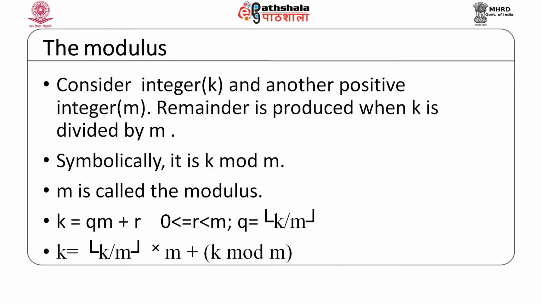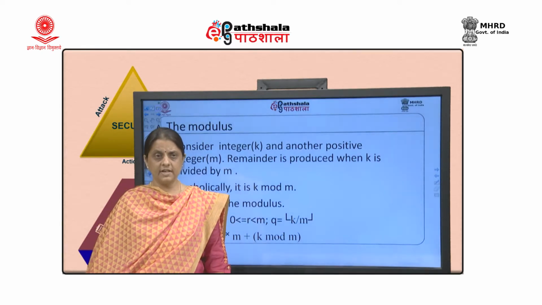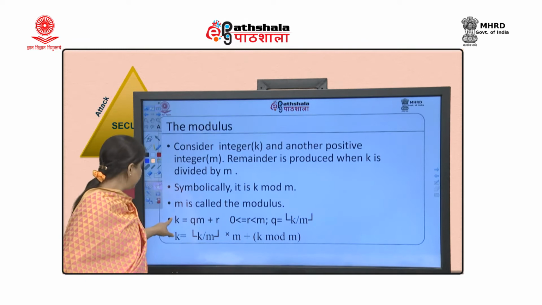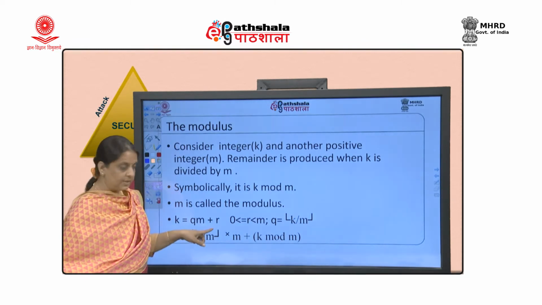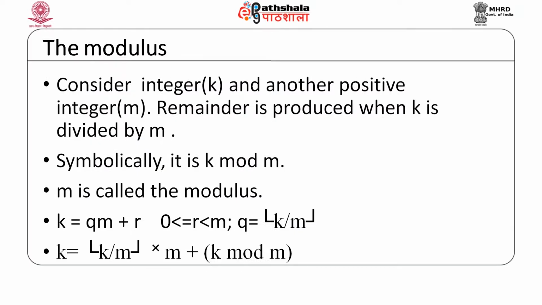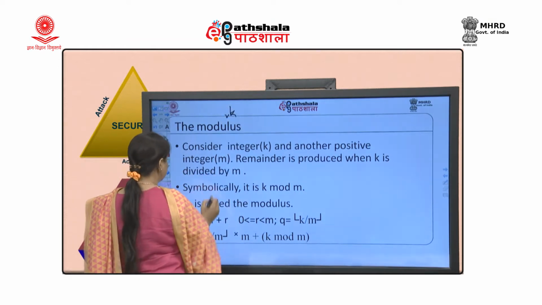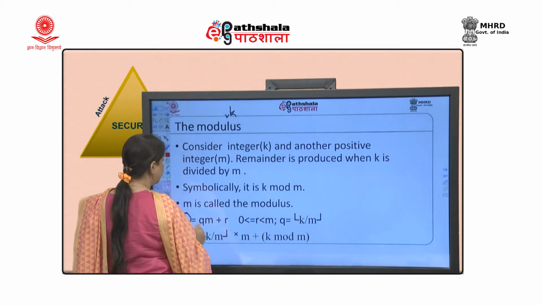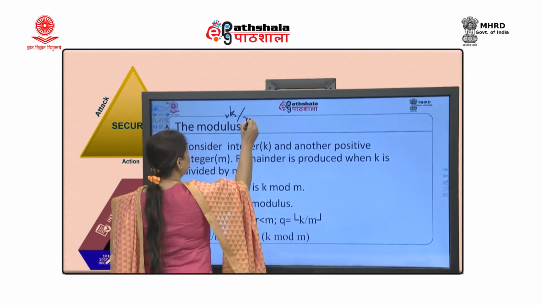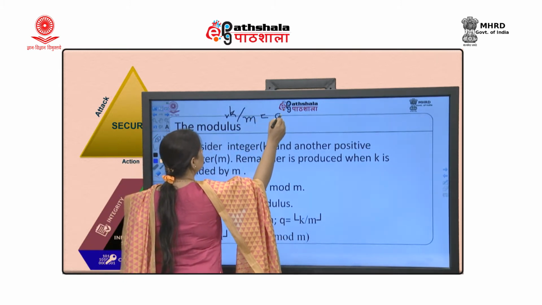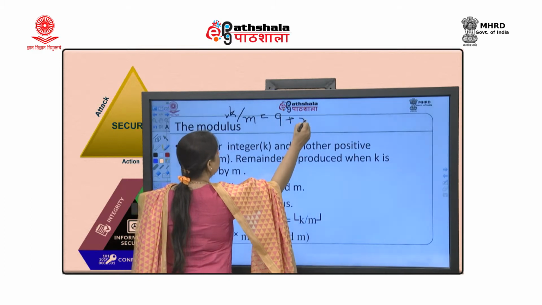First concept is modulus. You all have done division in high school. How does the division work? You are given a value k, and you divide k by m, which gives you a quotient plus some remainder.